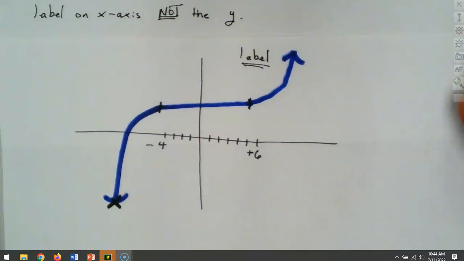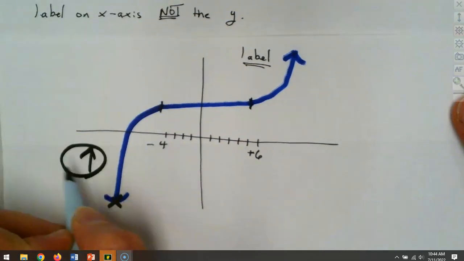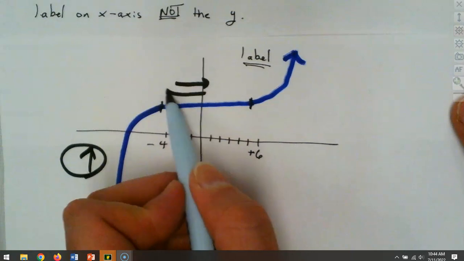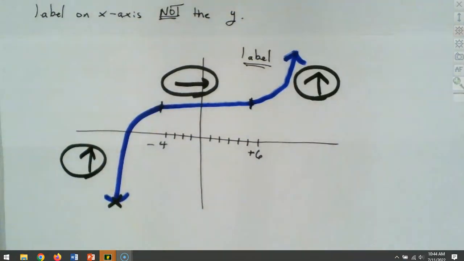Now, if we follow this graph and we look from left to right, this is going up, right? This is constant here, and then this part is going what? Back up again, isn't it?